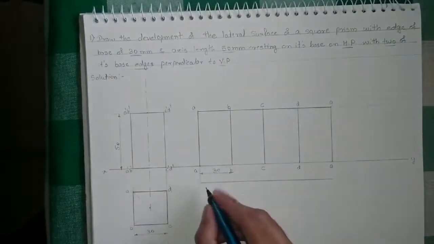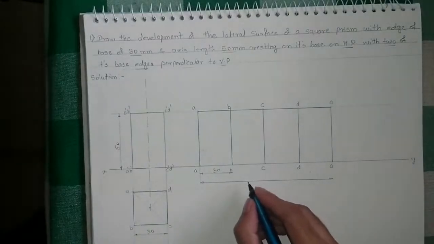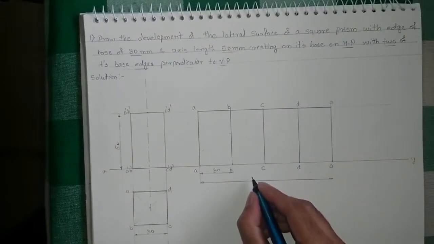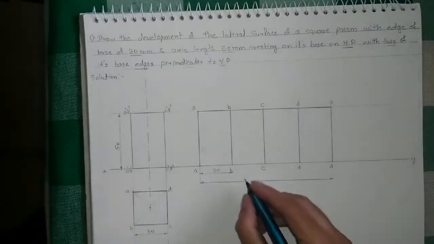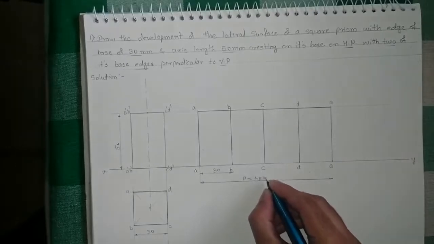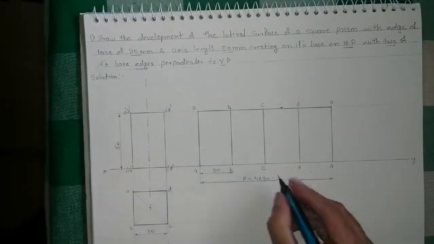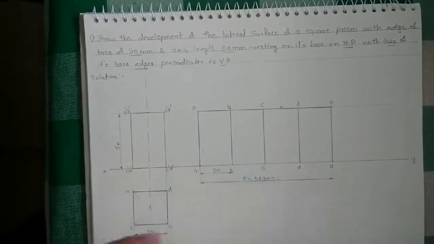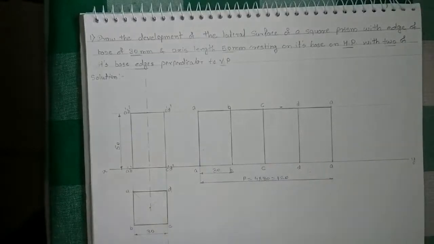This is 30 mm and this is 120 mm. That is the perimeter, indicated by P: 4 multiplied by 30 is equal to 120 mm. This is our development of the lateral surface of the square prism.